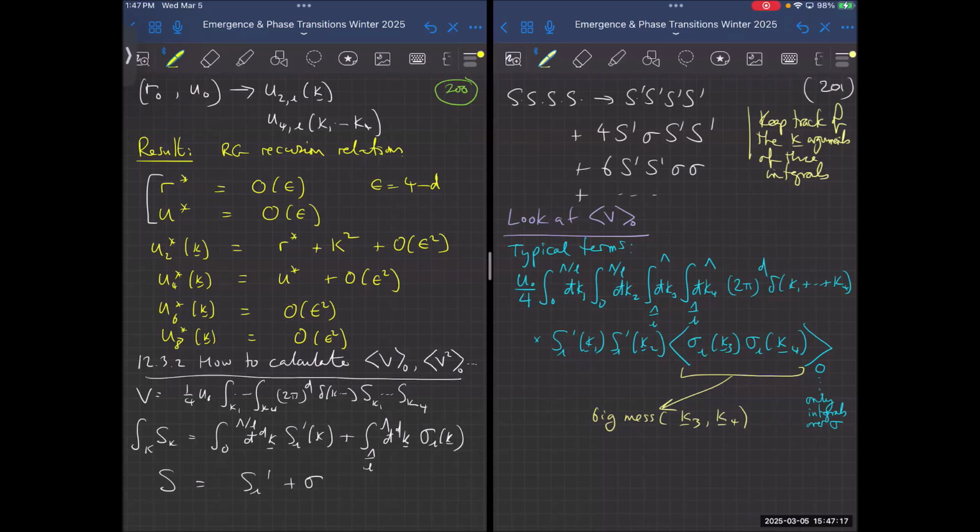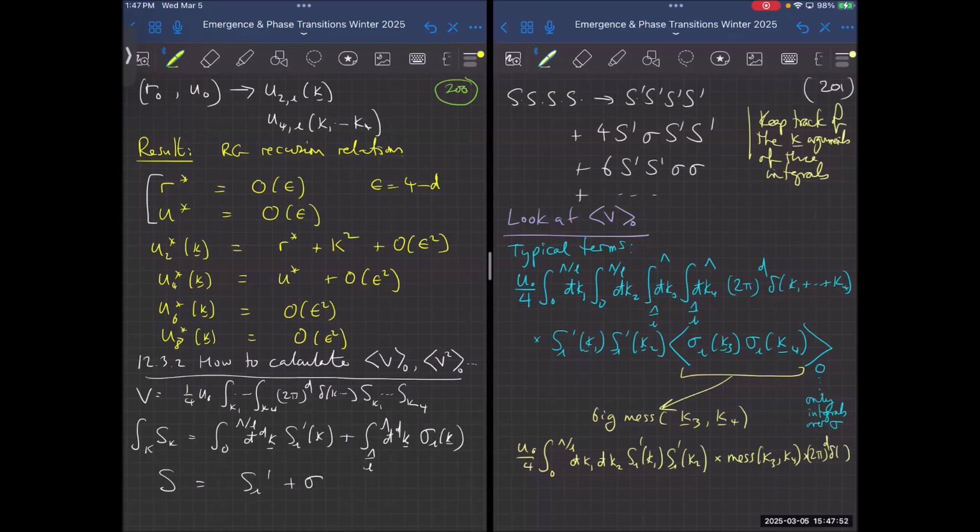So then what we have is u naught over 4, integral from naught to lambda over L, d^d k1, d^d k2, S L prime of k1, S L prime of k2, the long wavelength degrees of freedom, and then times some big mess of k3 and k4 times the 2 pi to the d delta function.